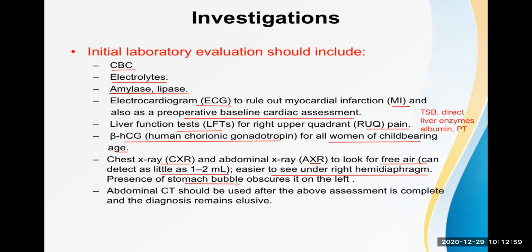So sometimes we get confused. Is this the normal gas lying inside the fundus of the stomach, or is it gas collected below the left hemidiaphragm? When you become experienced, you can find them, but in the beginning it may confuse you a bit. That's why always see the right hemidiaphragm first and then come towards the left.